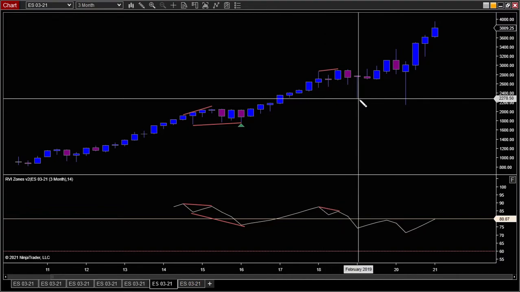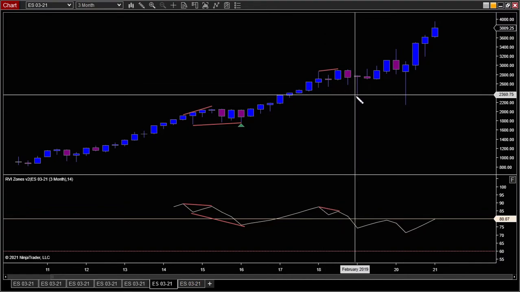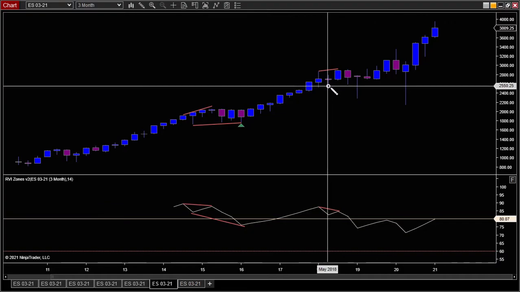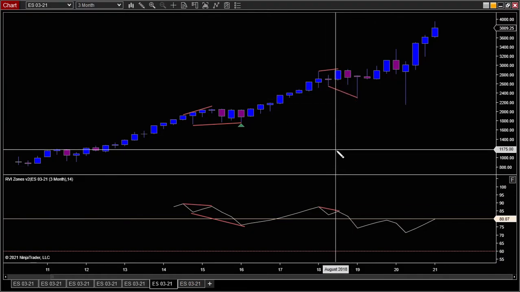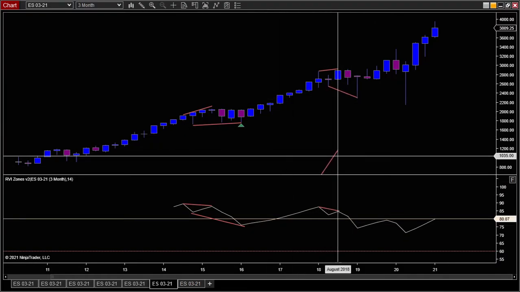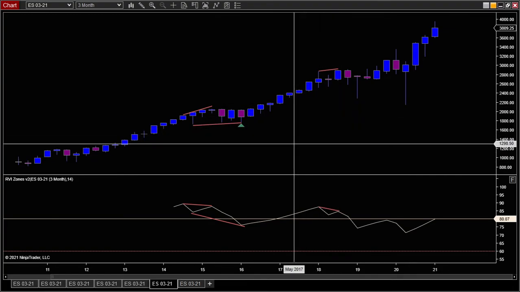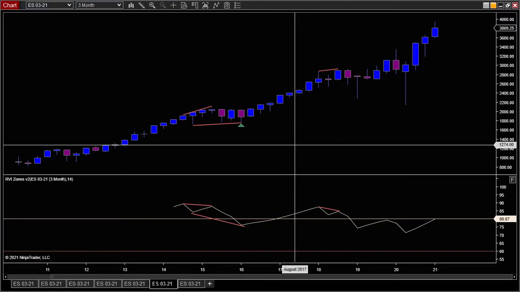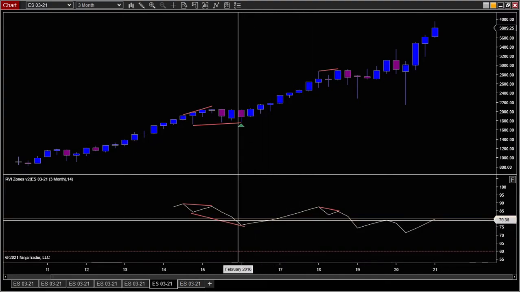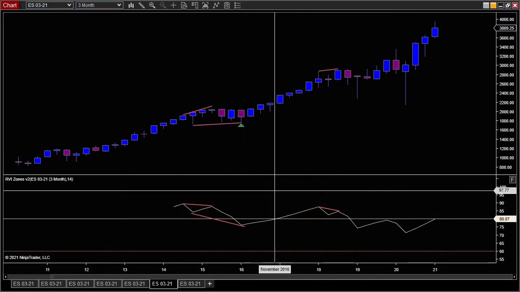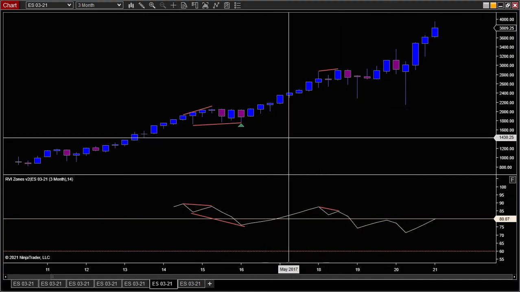And when we made that low, at the beginning of 2019, we then got, well, I guess there was no continuation pattern in this data right here, but let me see here.